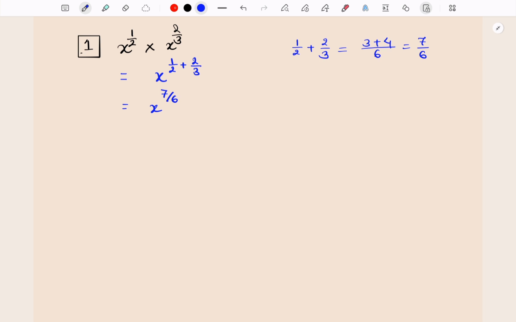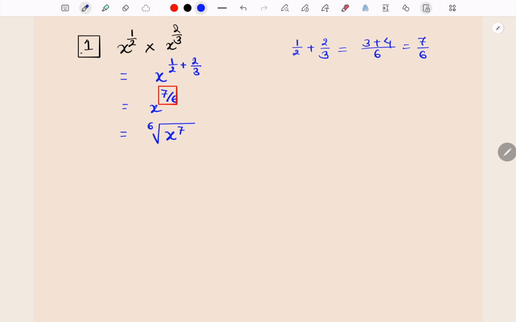Let's see how we can convert this into the radical form. For that, look closely at this power. We have 7 over 6. To convert it into the root notation, we have to make the numerator as the power and the denominator as the root.